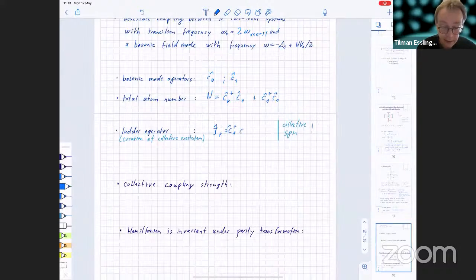These are the ladder operators. And JZ you can also express in terms of the modes.